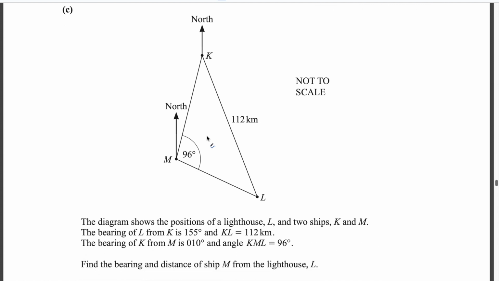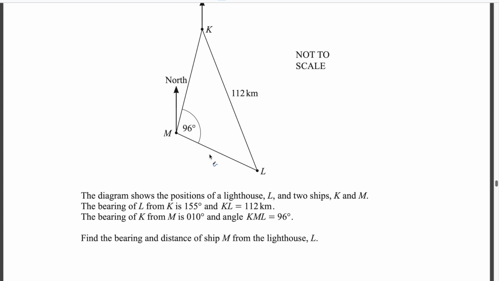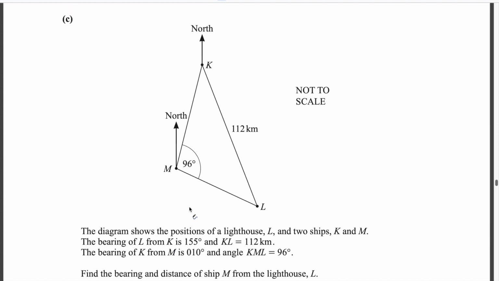Part C, the diagram shows the positions of a lighthouse L and the 2 ships K and M, which are here. The bearing of L from K is 155. The bearing of L from K, so north of K, clockwise.